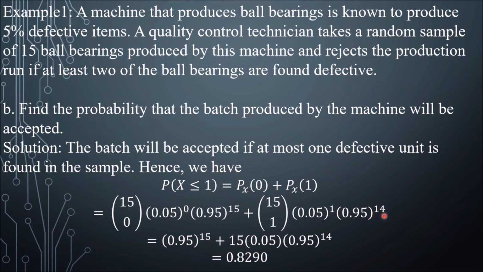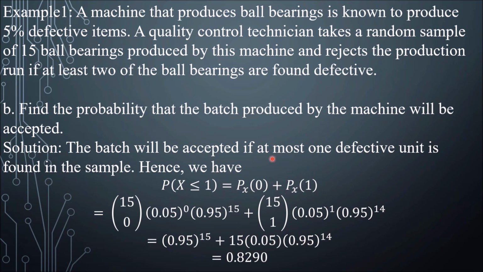15 minus 1 is 14. Simplifying this one is 0.95 to the 15, and simplifying that one is 15 times this. Adding all the values, we have 0.8290, meaning to say the probability of having accepted, the batch will be accepted.